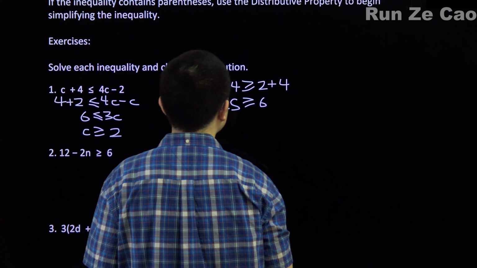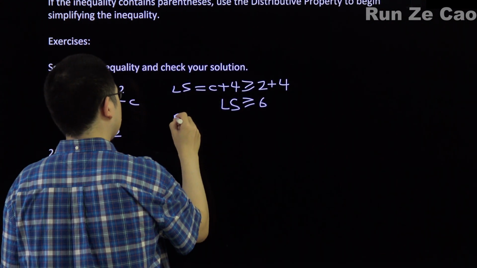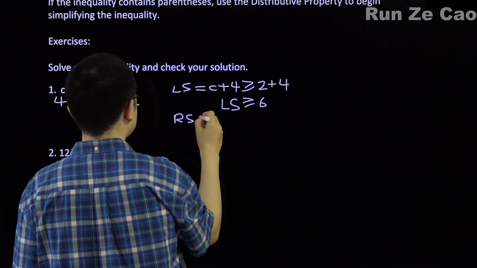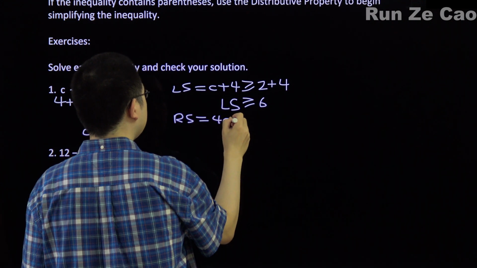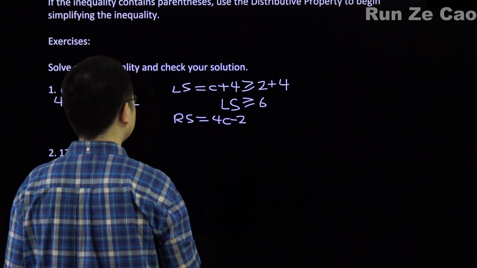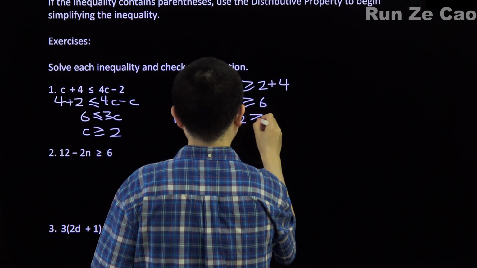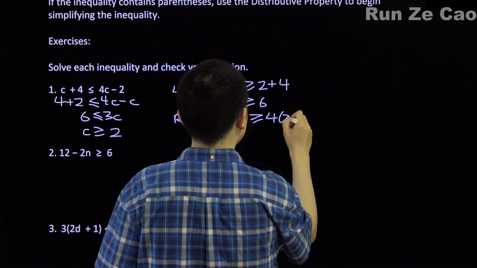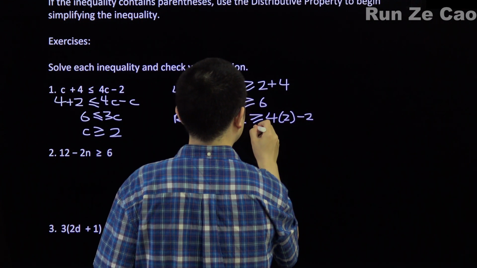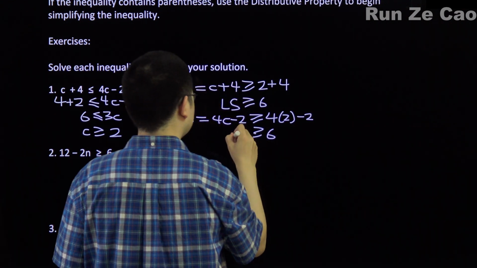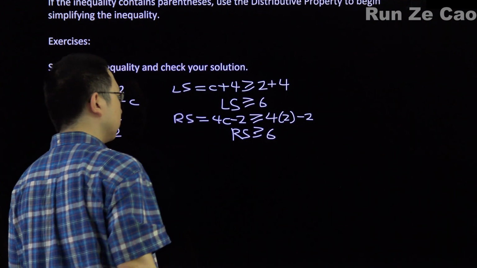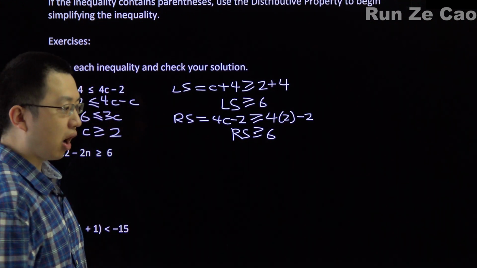Okay, what about the right side? Right side is equal to 4c minus 2, which, because c is greater than or equal to 2, is greater than or equal to 4 times 2 minus 2, which is, again, 6. Oh dear, we have a problem.